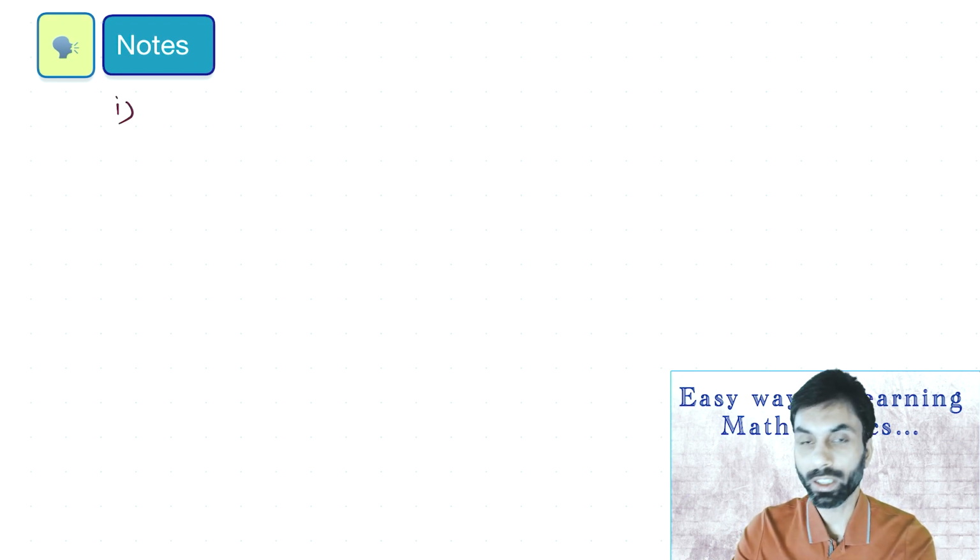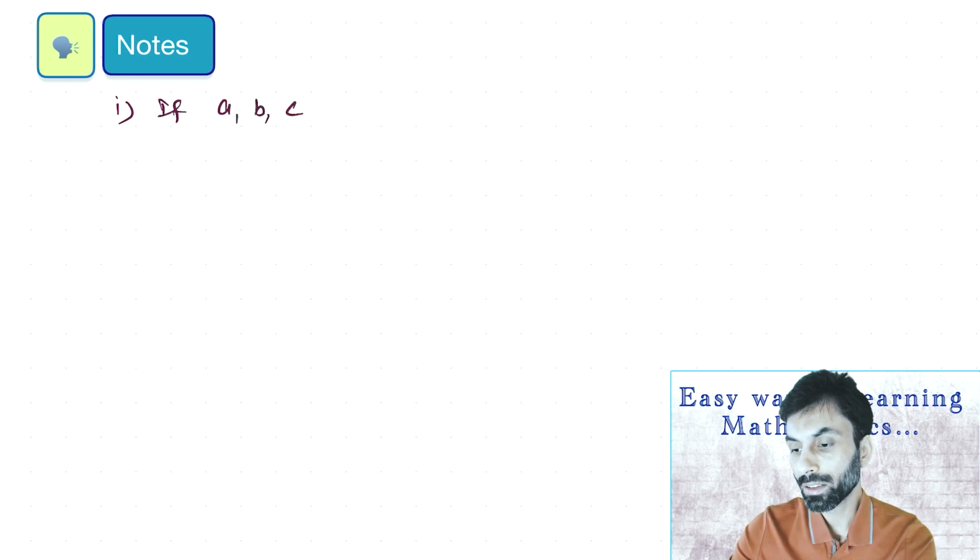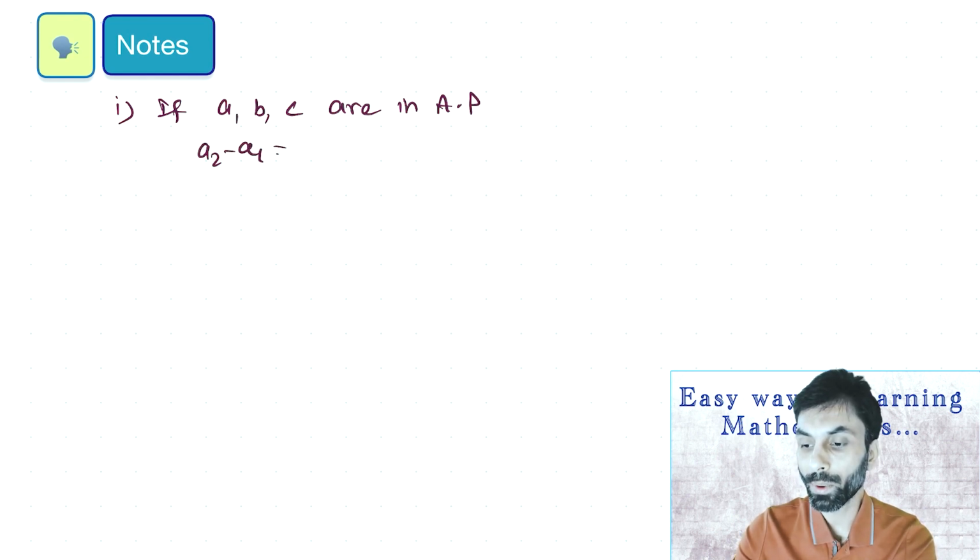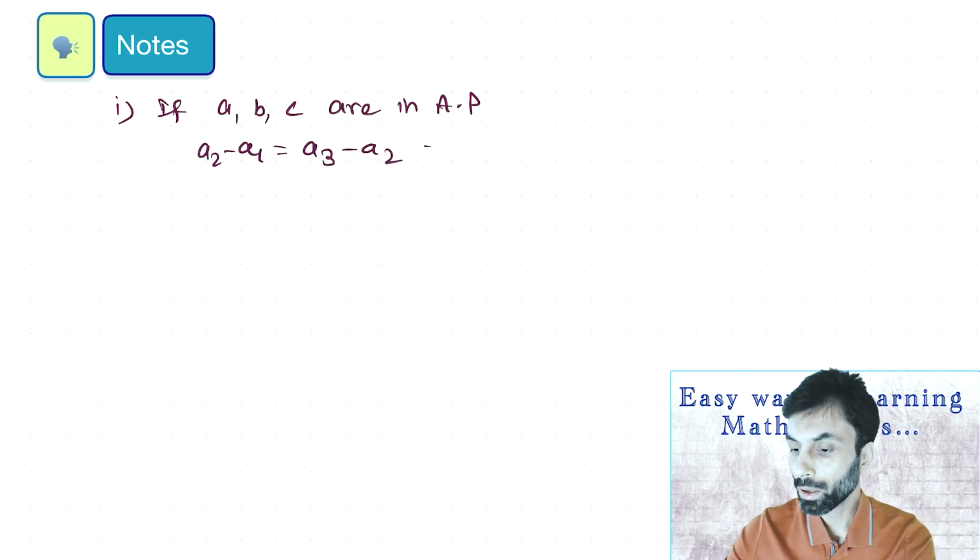Moving to the next part, we'll talk about some of the basic things which we need to remember and some important results based on the nth term of an AP. The first point we'll discuss is that if a, b, c are in AP, then a2 minus a1 will be equal to a3 minus a2, which gives c minus b equals b minus a.